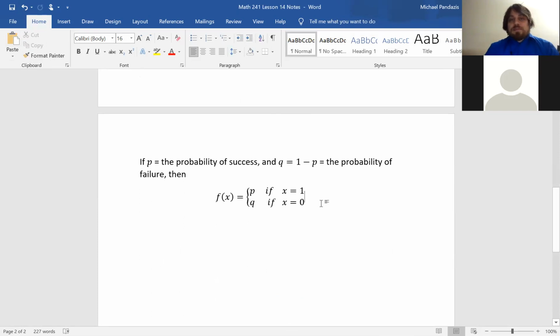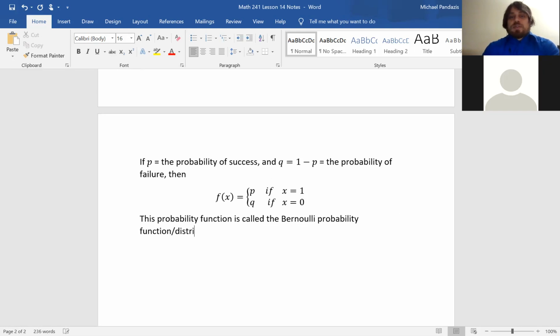Okay, this probability function is called the Bernoulli probability function or distribution.